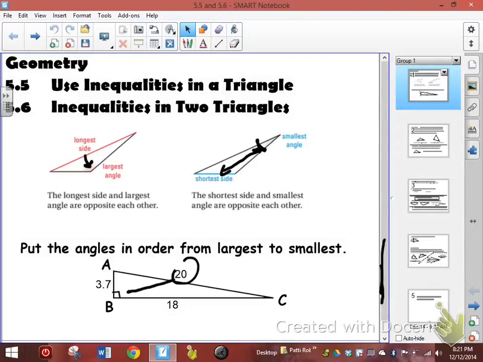And you just look at the opposite angle to that. So that makes angle B the largest angle. And then the medium-sized angle will be the one across from the medium-sized side, which is this 18. So if you look at the opposite side there, that would make angle A come next. And then 3.7 is the shortest side, so that makes angle C the smallest angle. So that would be the angles in order.